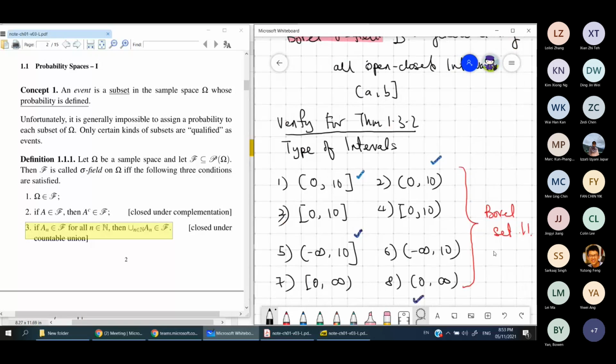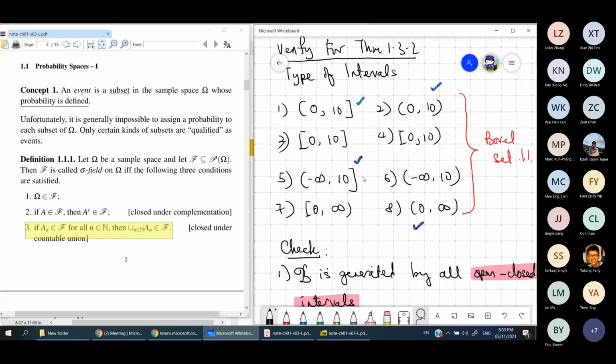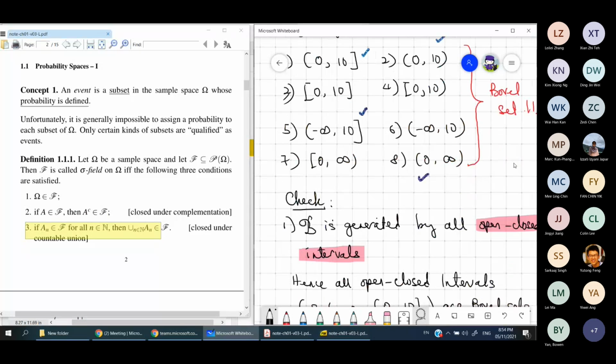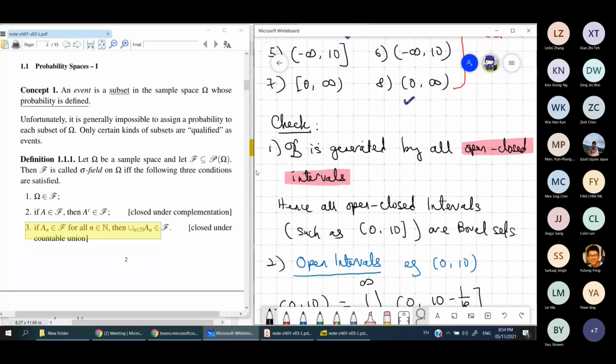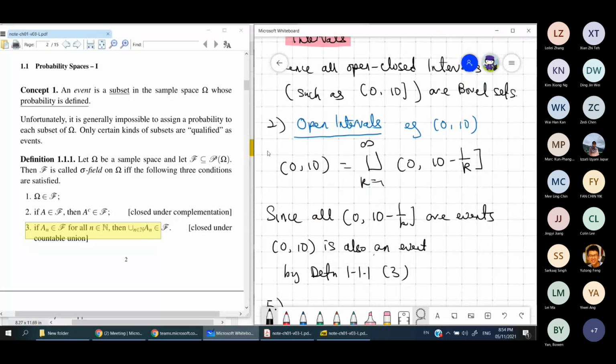However, the remaining ones we have to verify one by one using these 3 properties. The second one I have verified by using property 3. Next we can do the others. So I just demonstrate 5 and 8. The remaining you go and do yourself. Get it?